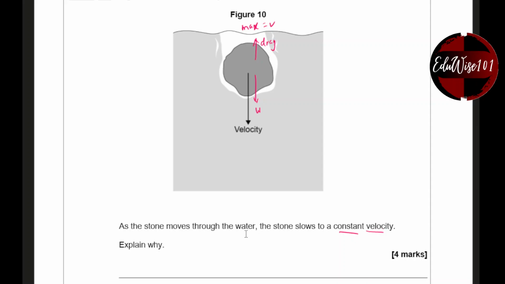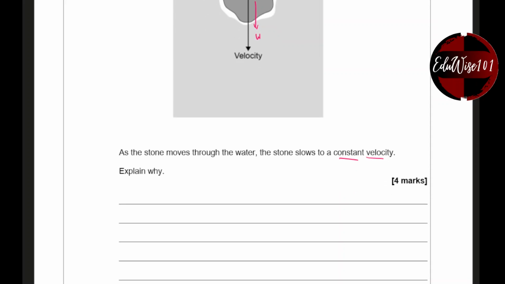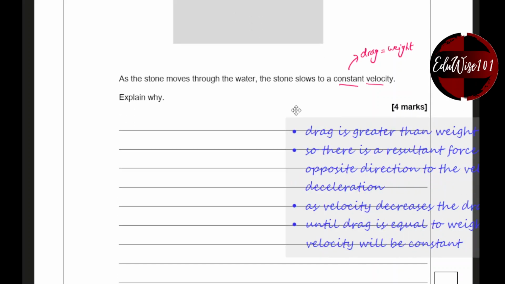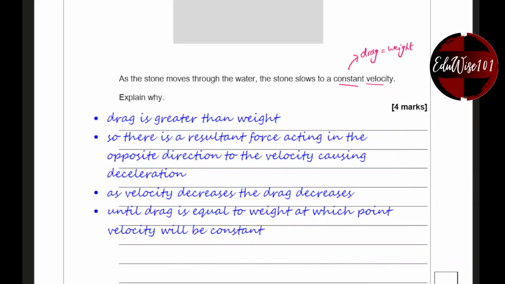So as the stone moves through the water, the stone slows to a constant velocity. Explain why. It will move at constant velocity when the drag is equal to the weight of the stone. So drag is greater than weight at the start.